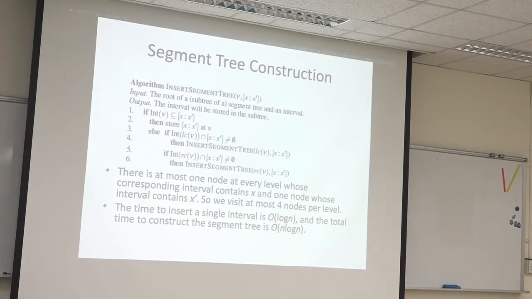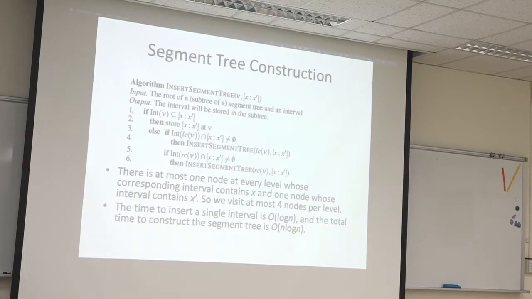And the construction of the segment tree is very interesting. First, you have all the elementary intervals. Say you already have those n intervals, so you have those 2n endpoints.